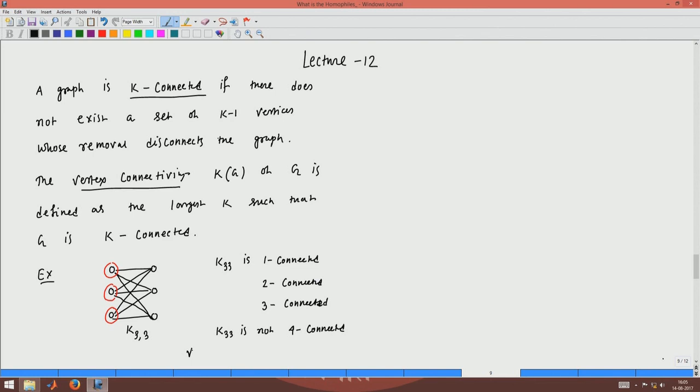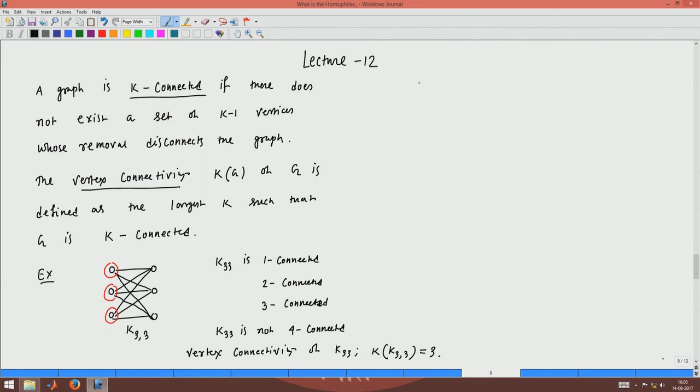So, the vertex connectivity of K33 is equal to 3. Okay. So, this is one way of understanding what is vertex connectivity.